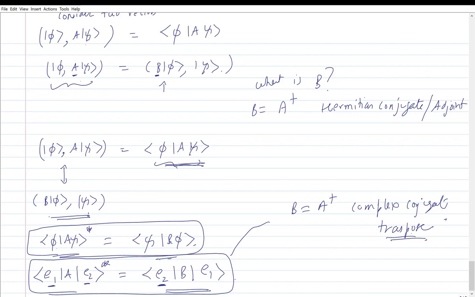So the matrix becomes a complex conjugate transpose, which I represent by B equals A dagger. Yeah, so that's essentially it. In terms of outer products, it's rather easy to see in terms of the bracket notation.